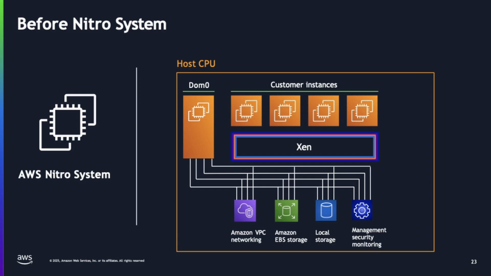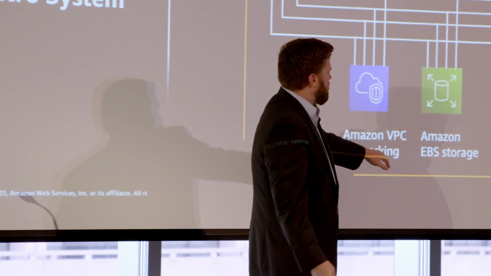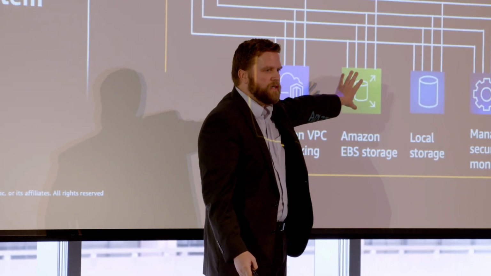All right, so this is what the system looked like before. So you've got your MarkLogic instances up here that are running on EC2, and this is what a hypervisor looks like. And it goes in and it connects to your VPC, which is your virtual private cloud. This is networking, basically. It has to go in and talk to the networking over there to understand what's going on. And then we have our EC2 storage.